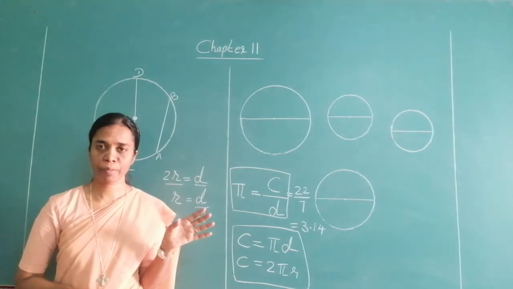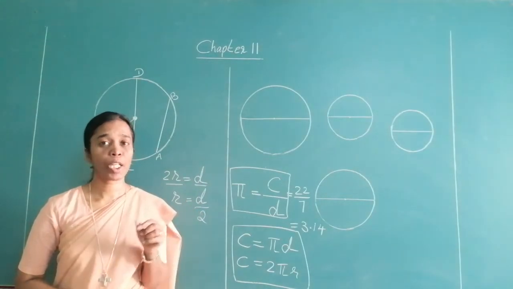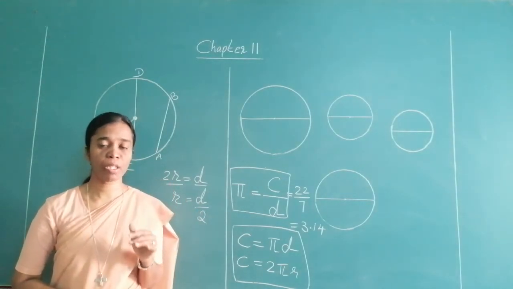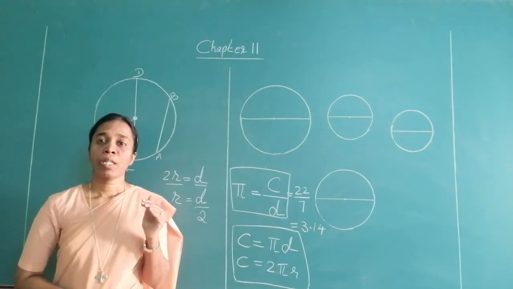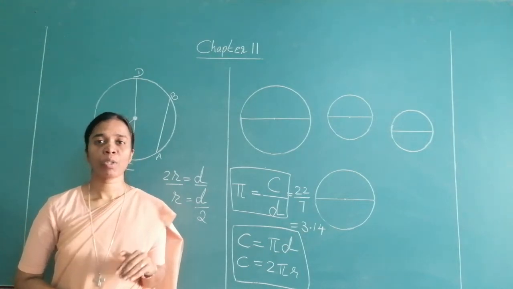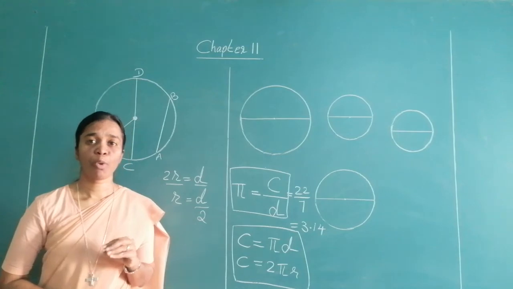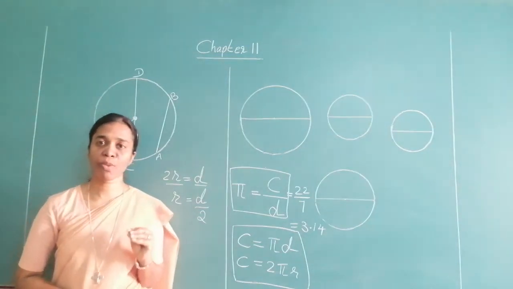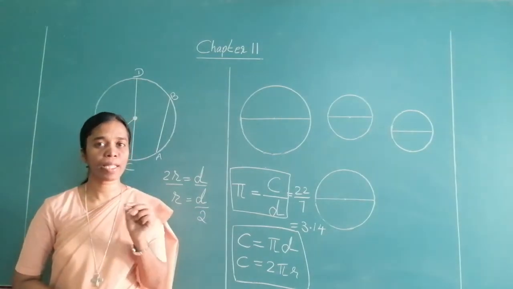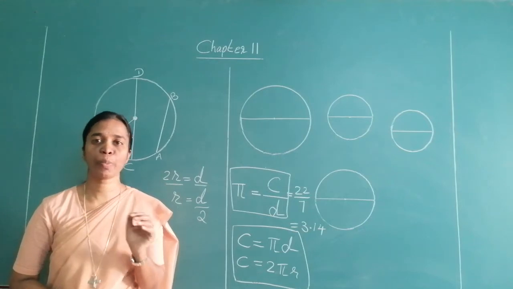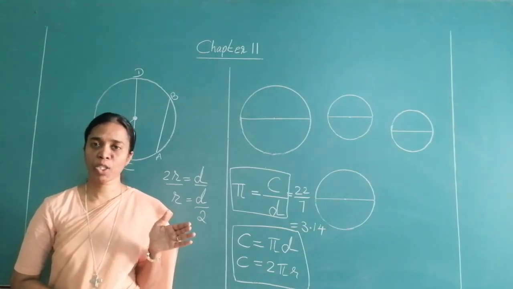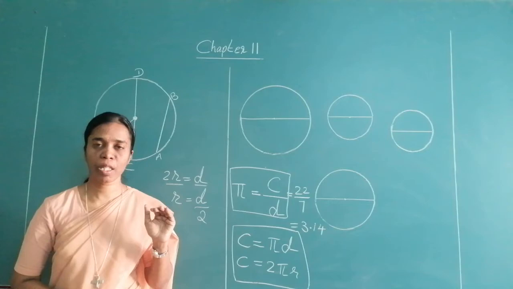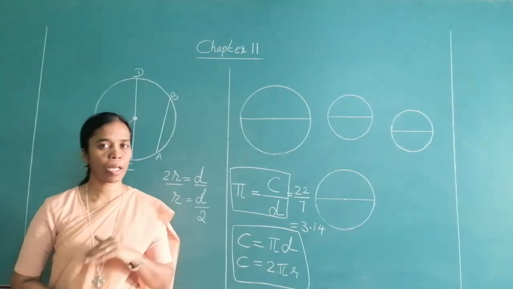Value of pi, what is pi, ratio of circumference to diameter, value of pi, 3.14 or 22 upon 7. Formula for circumference: circumference is equal to pi d or 2 pi r.